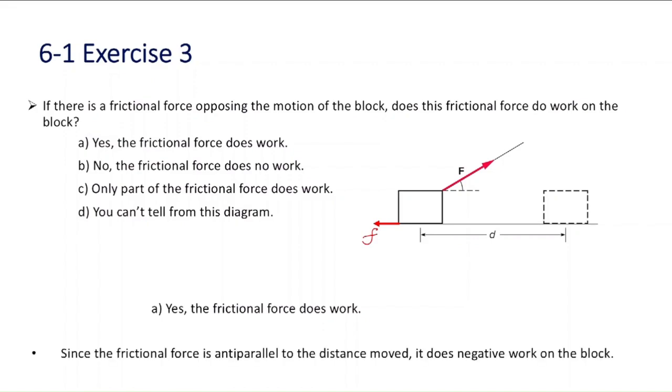So when a force acts opposite to the displacement, it does negative work. It takes energy away from the moving block. So remember, forces that oppose the motion always do negative work, reducing the energy of the object they act on. Therefore, the answer is A. The frictional force does work, but it's negative work.